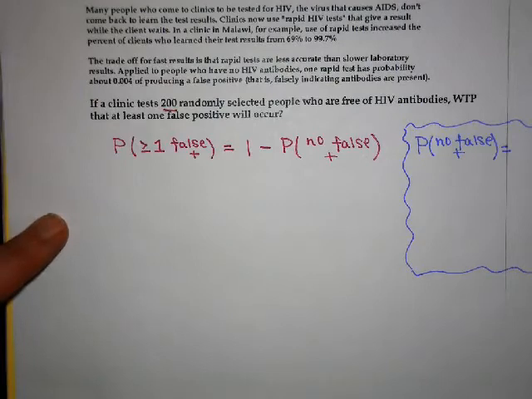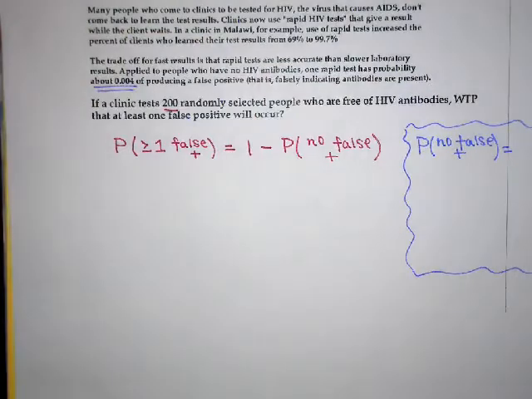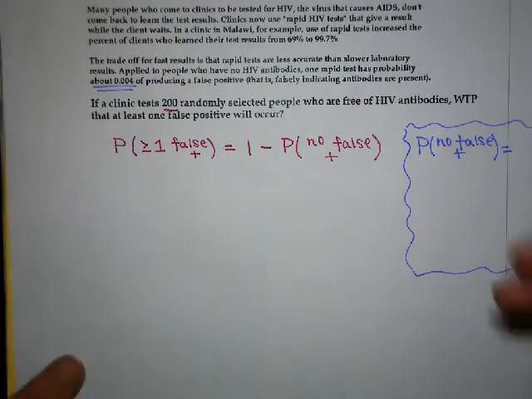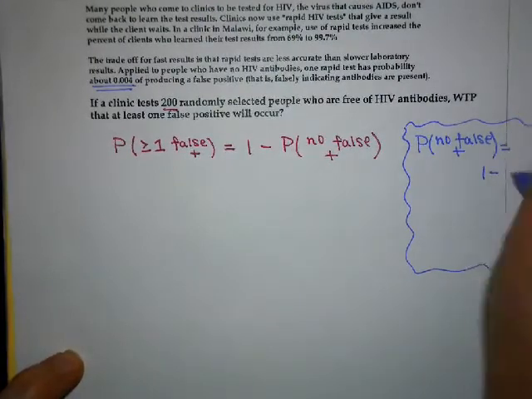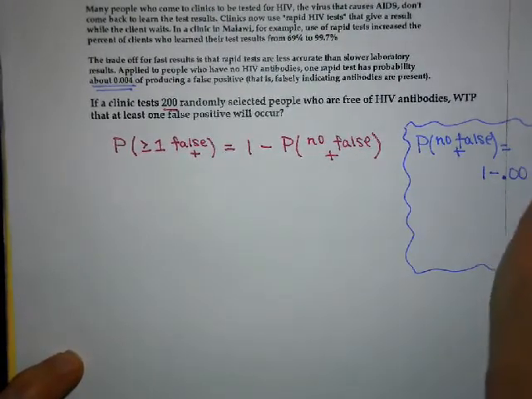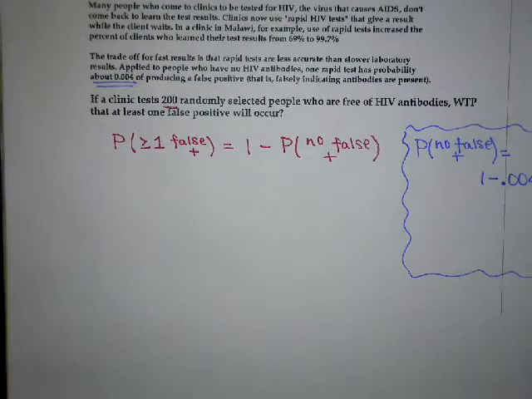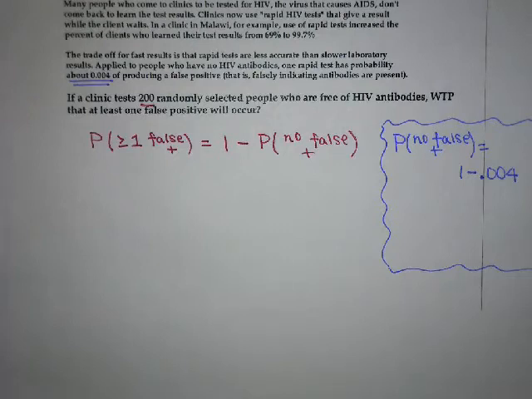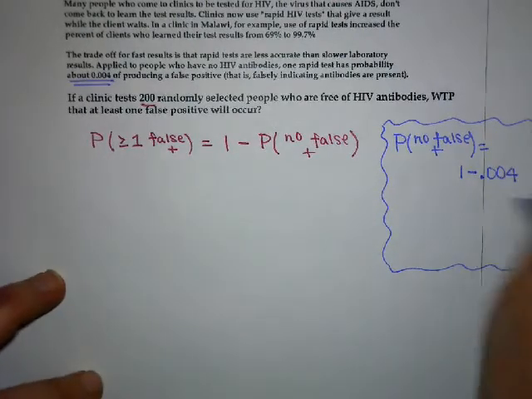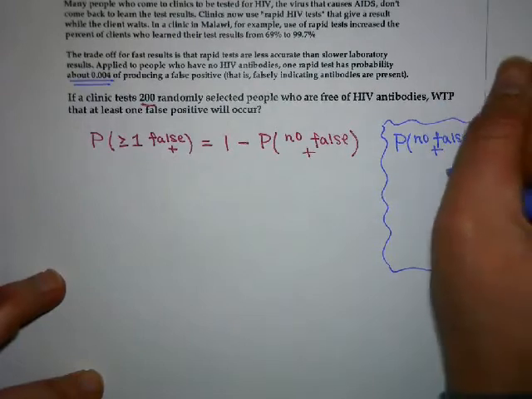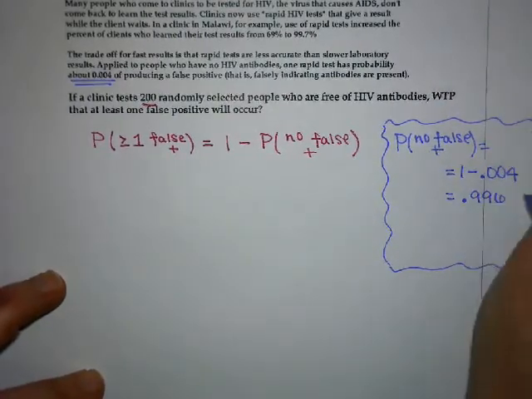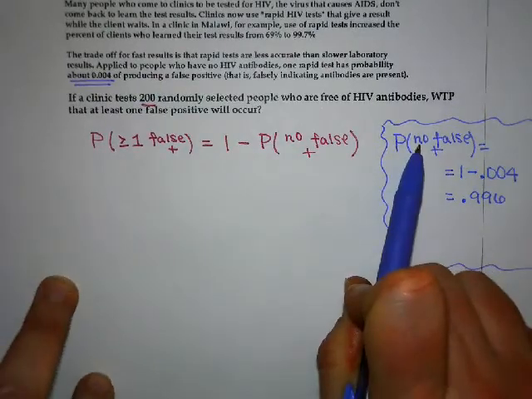We're taking 1 minus that, and that'll tell us the probability that we get a real result, which would be equal there, 0.996. And then because we want none of them to be false positives, and we're looking at 200 people, we're going to raise it to the 200th power.